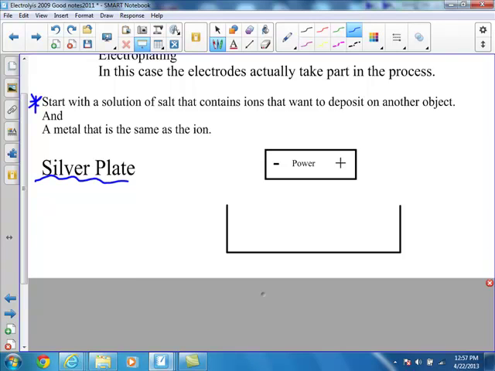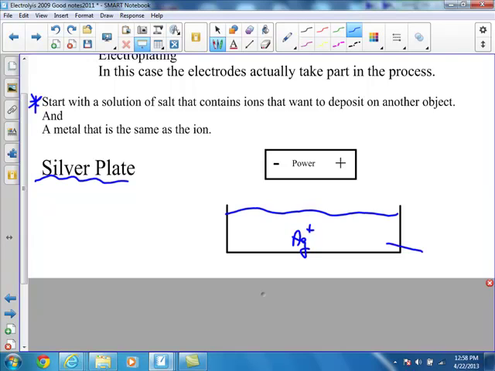So that means what ions do I need to have in the solution? So I need silver ions. Can you use any salt? Right, I can use any salt that will dissolve. So any salt that has silver that will dissolve. So what would be a good salt that has silver that will dissolve? Yes, silver nitrate.